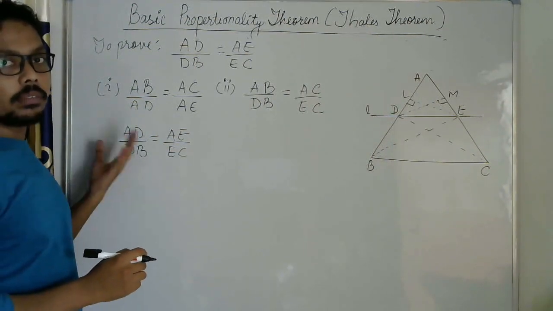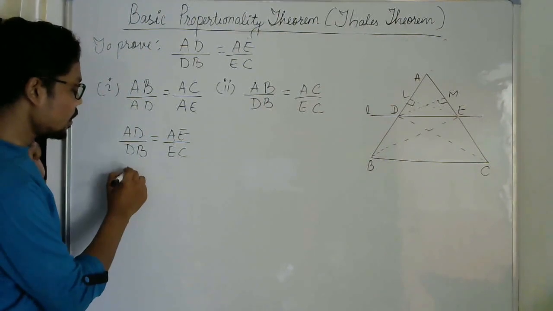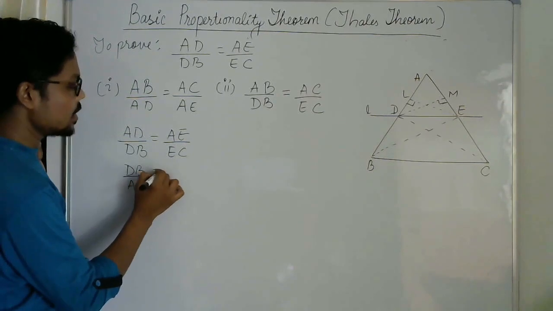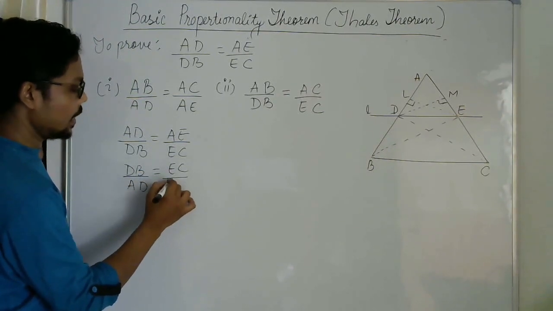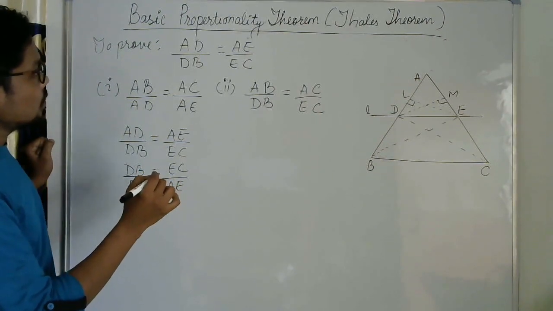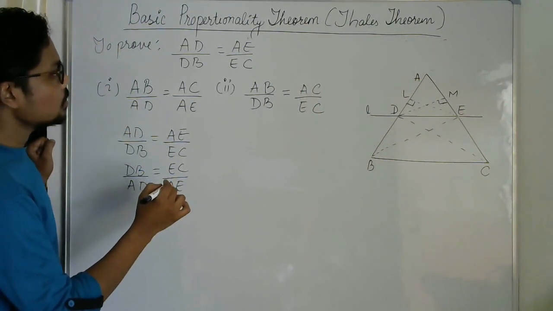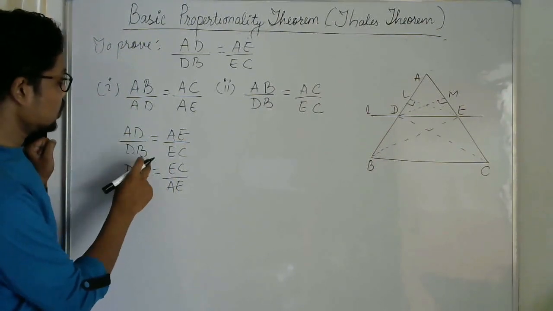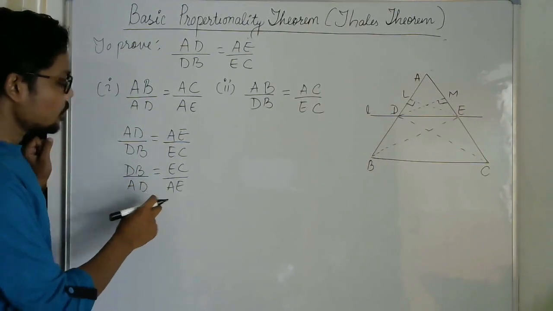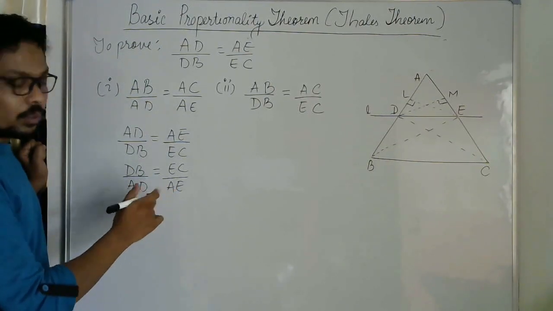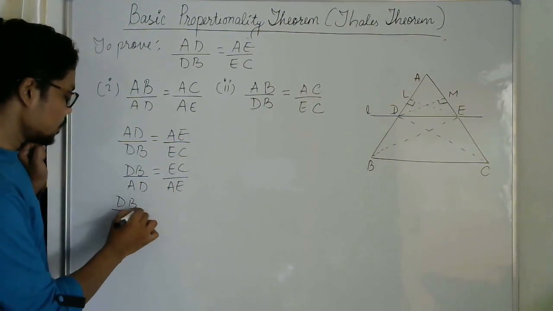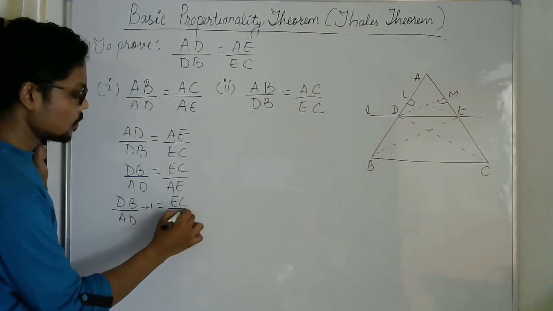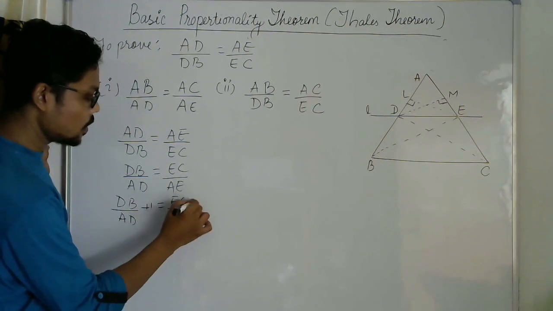Let us take the reciprocal of this. So that is DB by AD is equal to EC by AE. Okay, so we got this. Now adding 1 on both sides, DB by AD plus 1. So what are we getting?